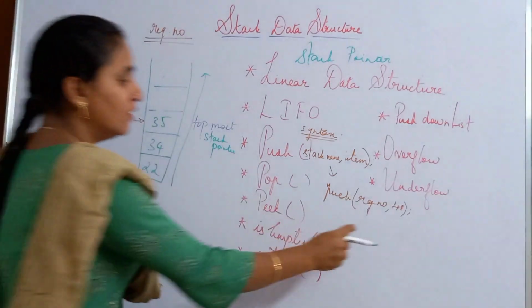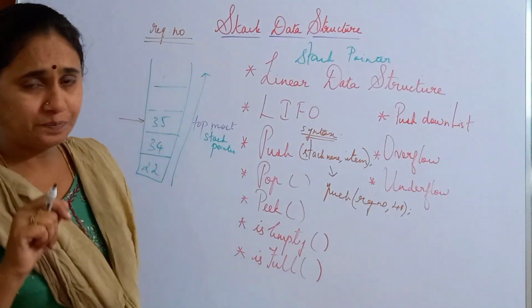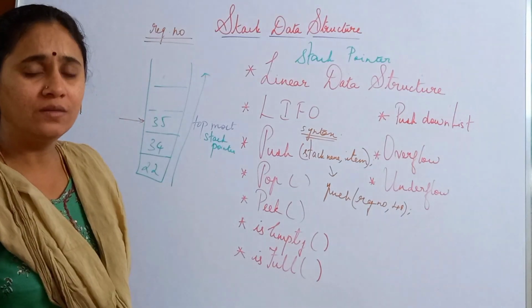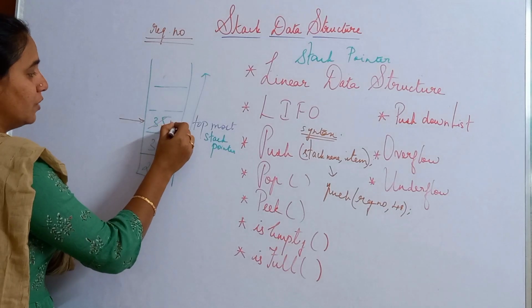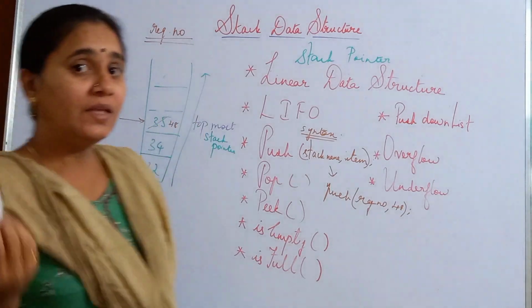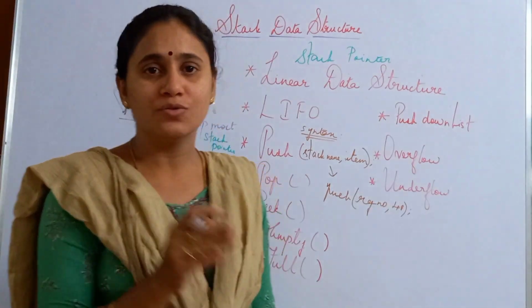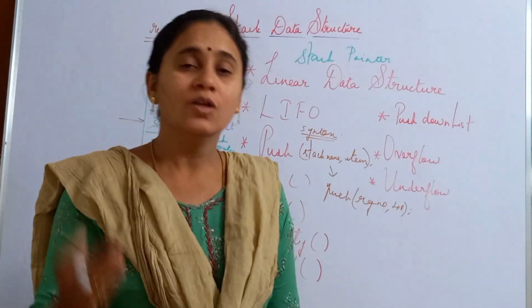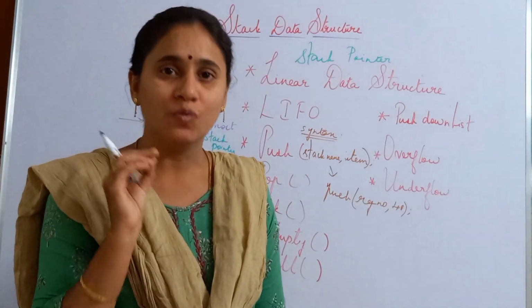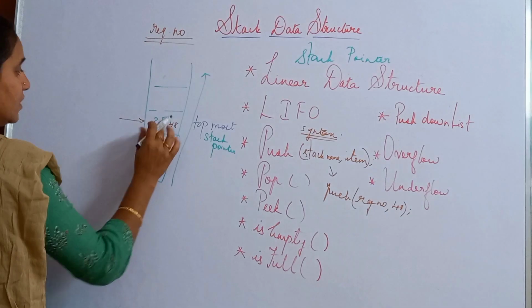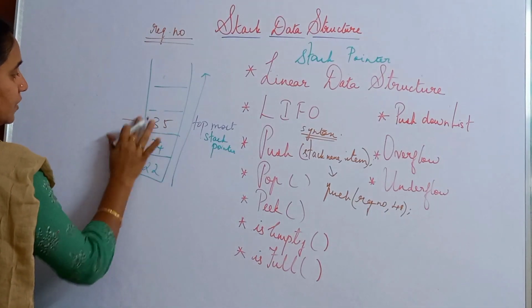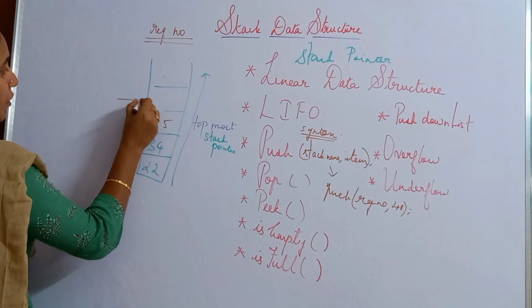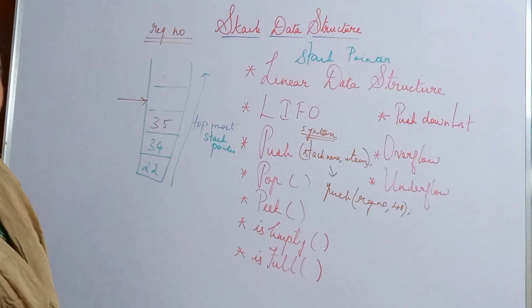Suppose another element 48 comes and I directly store it. Then 35 would be erased and replaced by 48, and this type of execution is not possible; you will get an error. So the process you must follow is to first increment the pointer to the next empty location.